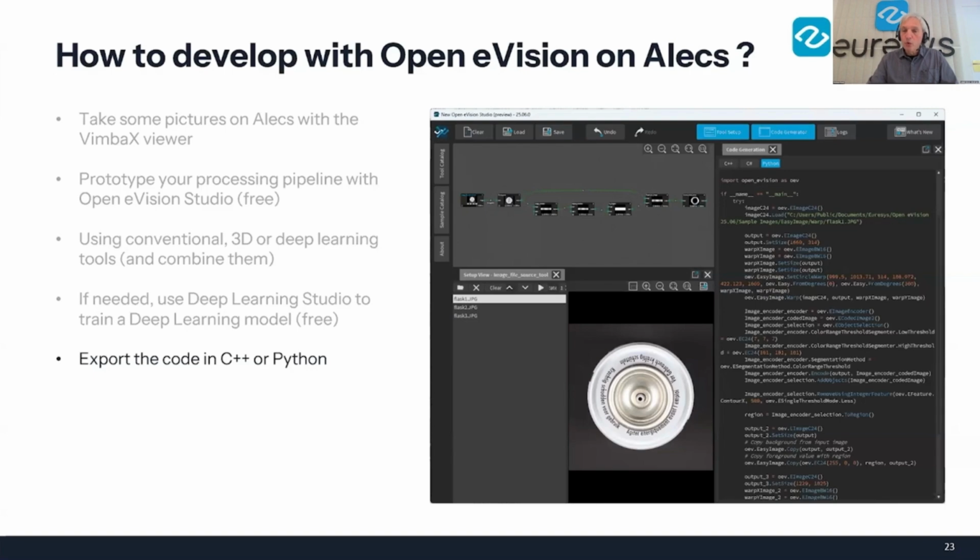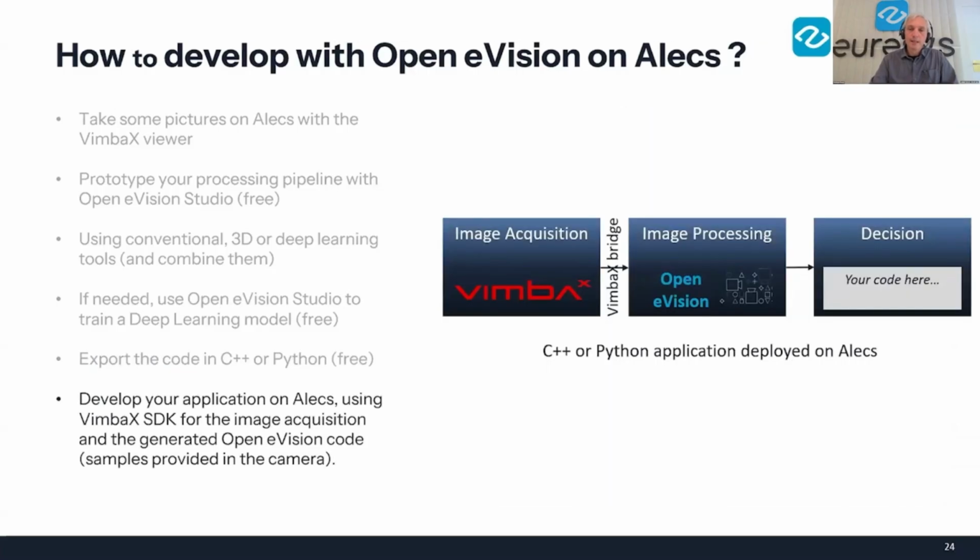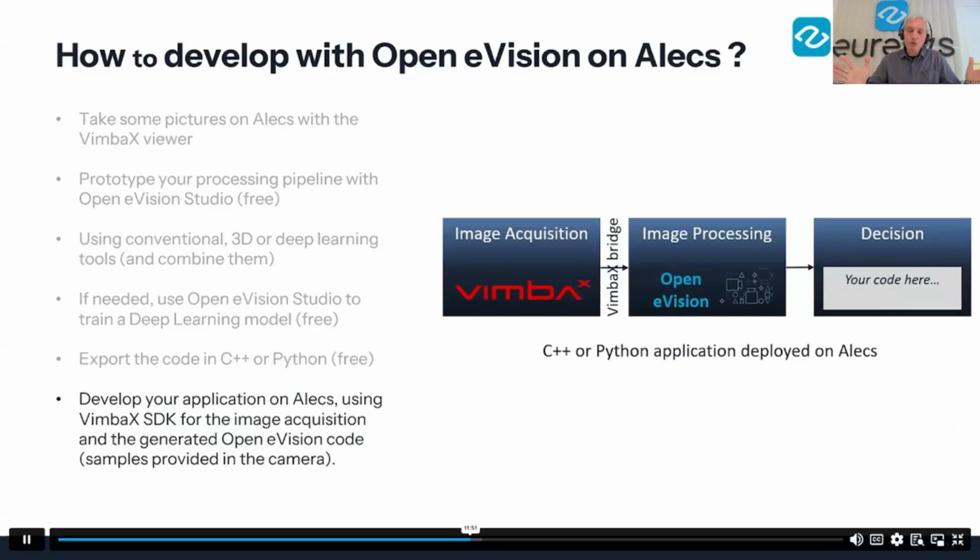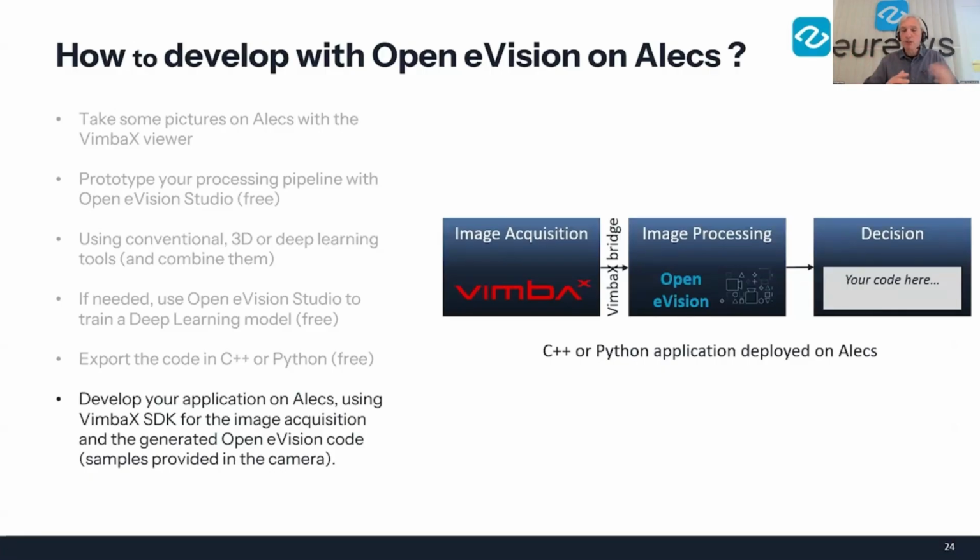And you can generate the code in 3 different languages: C++, C#, and Python. After you design your processing pipeline in Open eVision Studio, test it with the pictures, and get good results, you can use that code in the embedded application that runs on Alex.